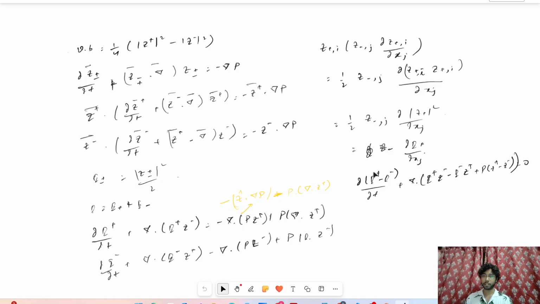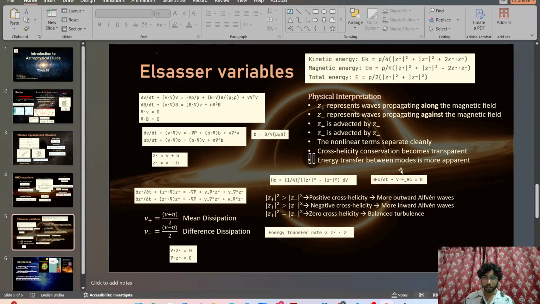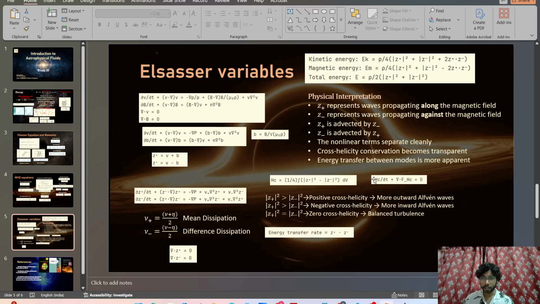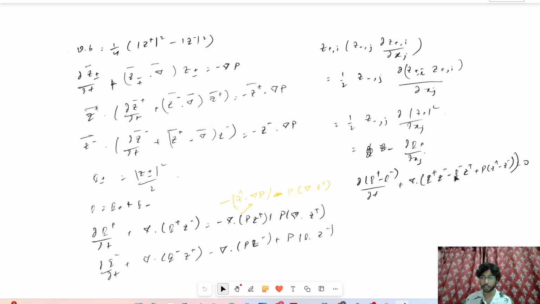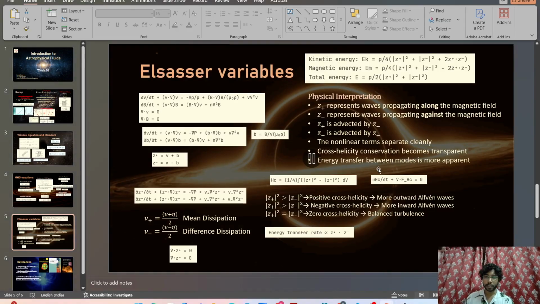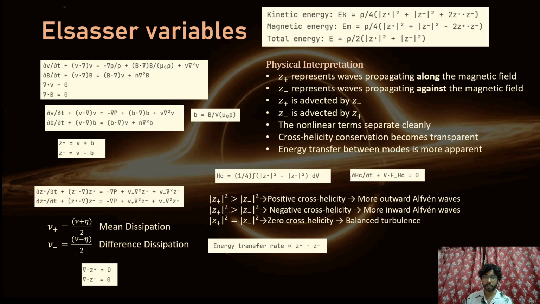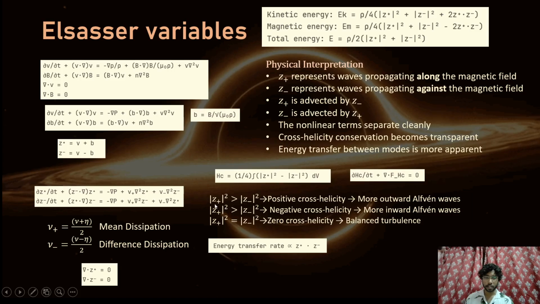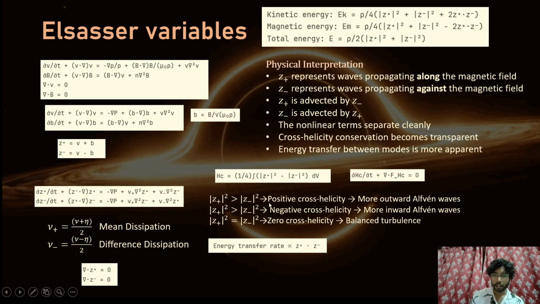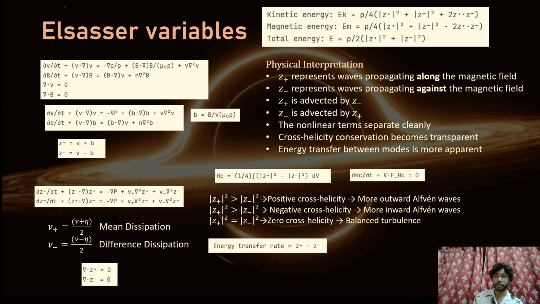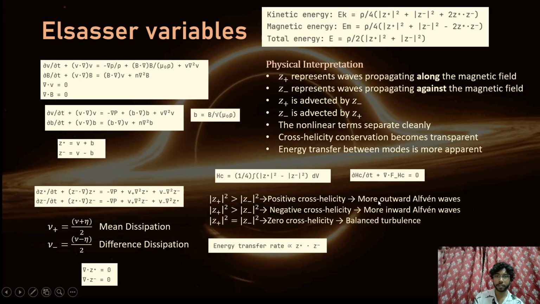So this, E plus minus E minus, is the helicity, and this is the flux of the helicity, right? So this equation is del Hc del t plus del dot F_Hc, where F_Hc is whatever is inside the bracket. So it says that the cross helicity is conserved in this case. If Z plus square is greater than Z minus square, it has positive cross helicity, which means more outward Alfvén waves.